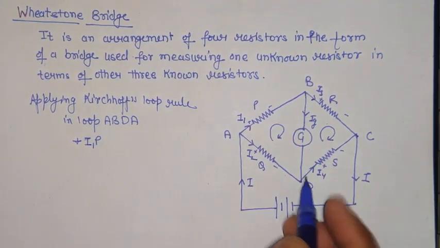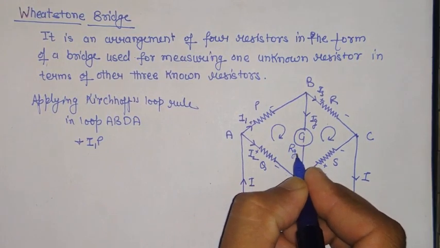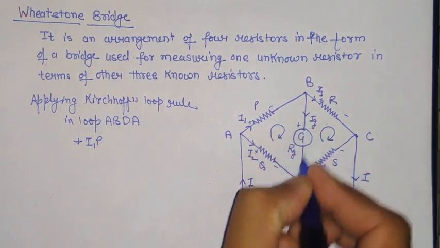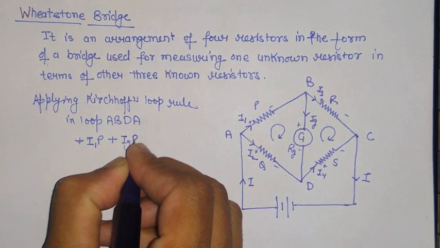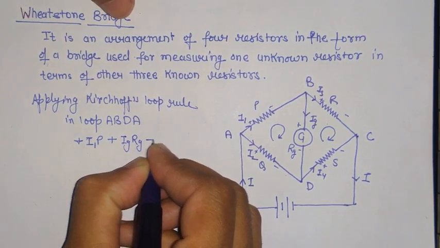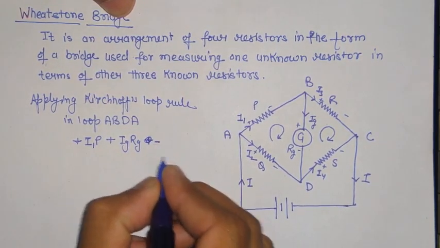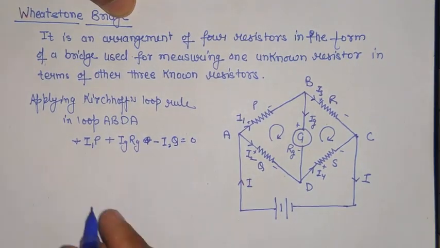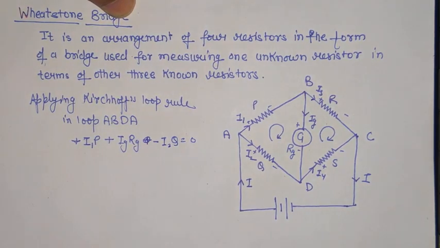Then B to D, let us suppose Rg be the resistance of galvanometer, so we get plus Ig Rg, then from D to A negative, I2Q equal to 0. Okay, till now there is no balance condition according to current.